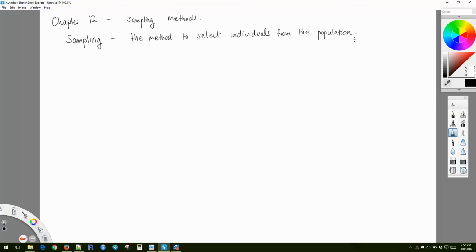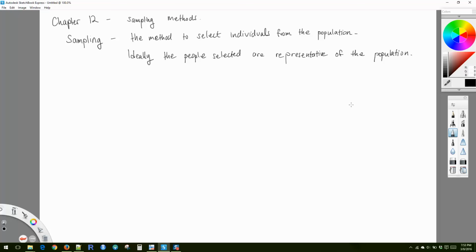Okay, so we're going to select individuals from the population, and ideally the people selected are representative of the population, and that's what we want.